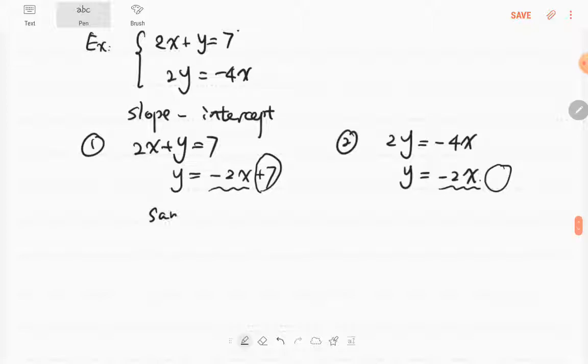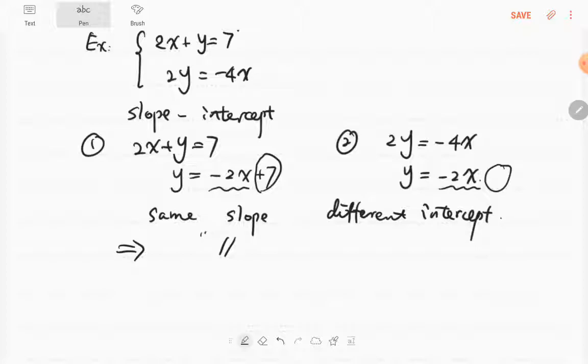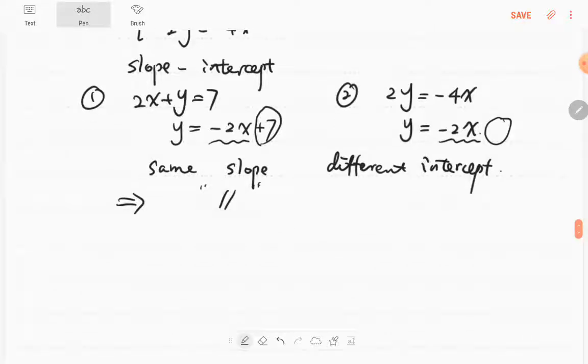So we have this conclusion: same slope but different intercept. Remember what's our conclusion? These two straight lines are parallel to each other. If two lines are parallel, this is one of the special cases.